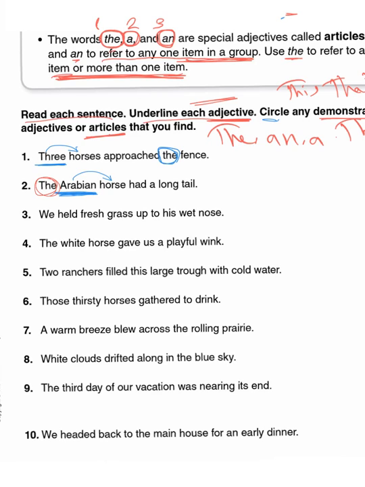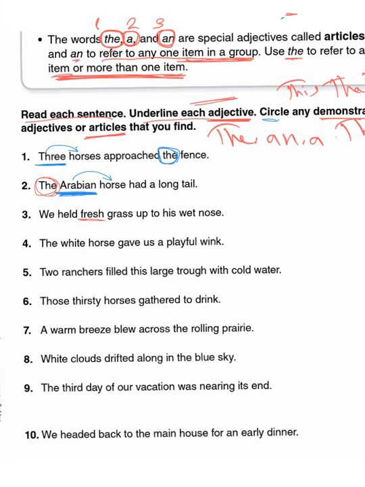Then in the third question, we held fresh grass up to his wet nose. We held fresh grass. May you repeat what kind of grass was it? Fresh grass.